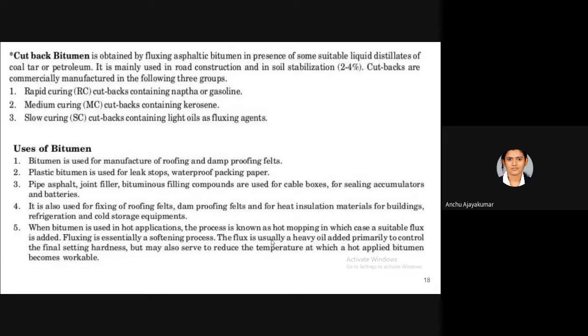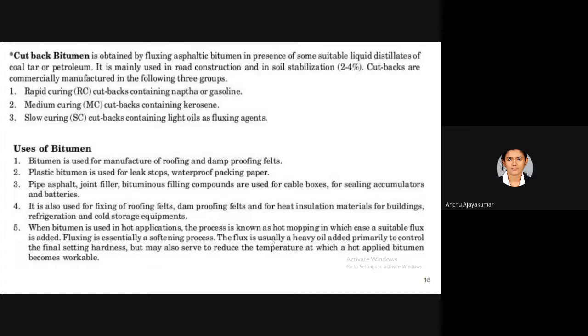That is cutback bitumen. It is mainly used for road construction and in soil stabilization also, up to 2 to 4% only. Cutback bitumens are commercially manufactured in 3 groups: rapid curing, medium curing, and slow curing cutback bitumen.